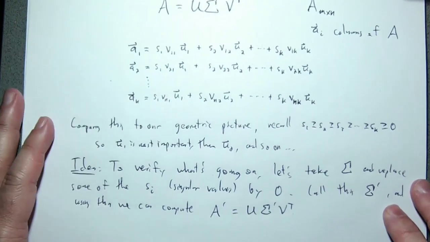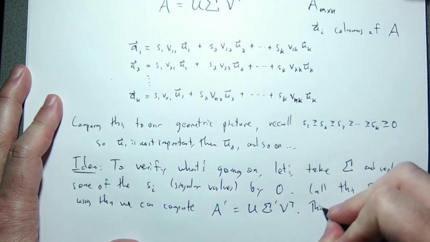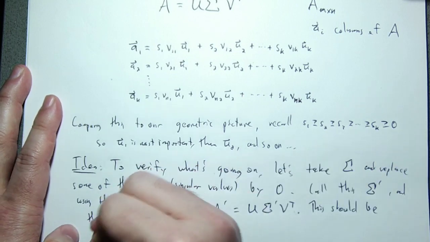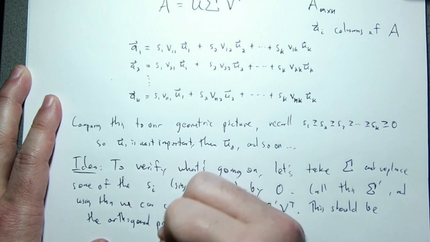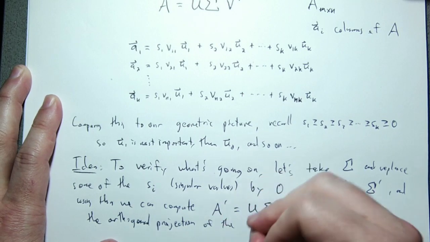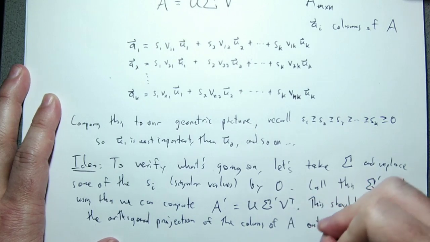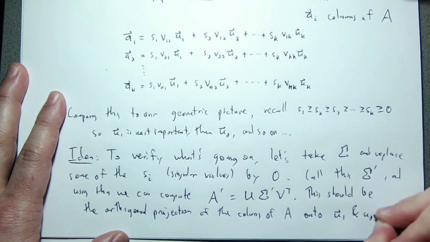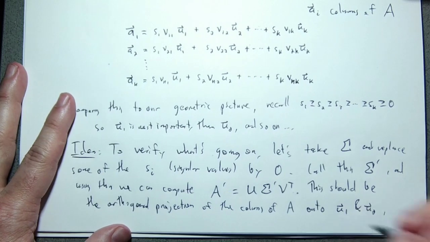Oh, I'm slightly off camera. This should be the orthogonal projection of the columns of A onto U sub 1 and U sub 2. This is just for our specific example.